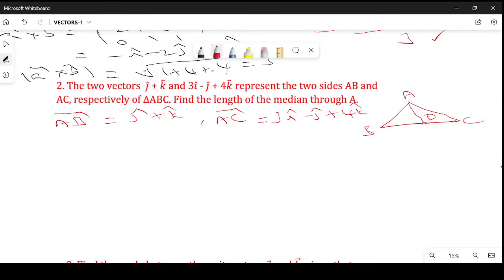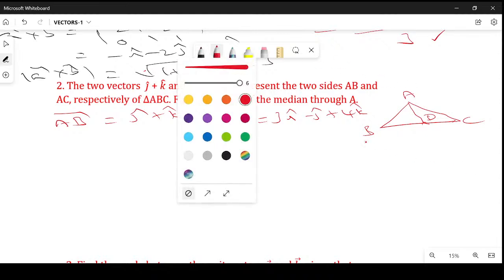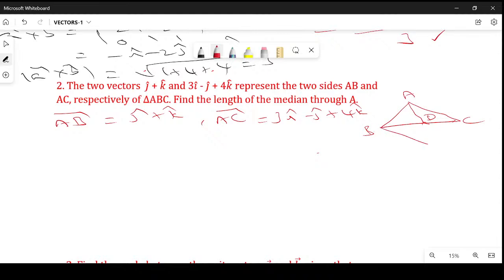Now how to find this? If I extend this line like a parallelogram, if I double up this triangle ABC to make the same area and join the parallelogram, I can extend this line.